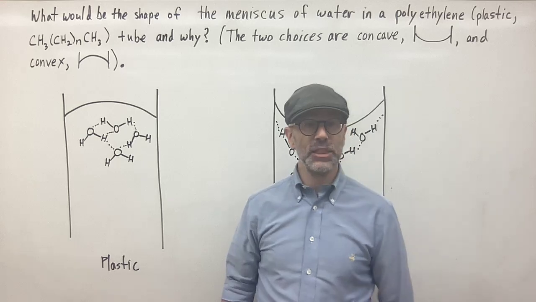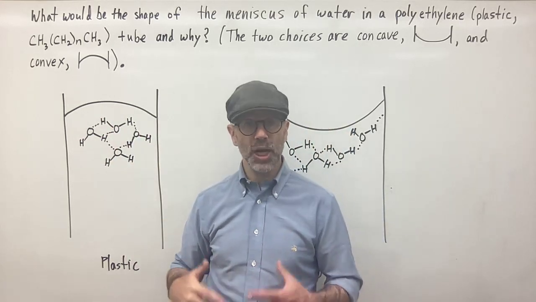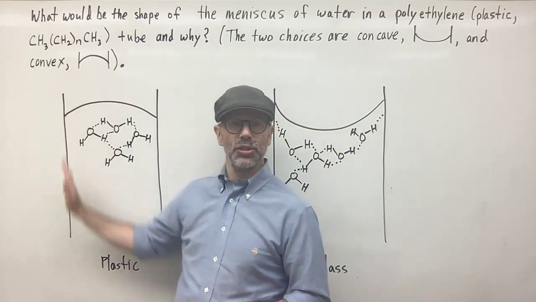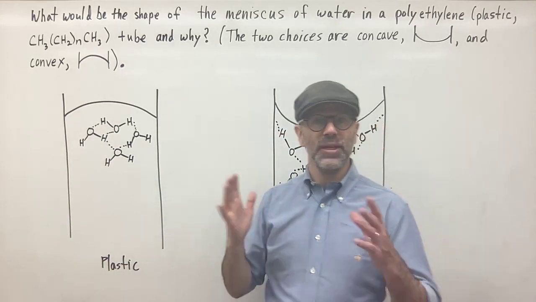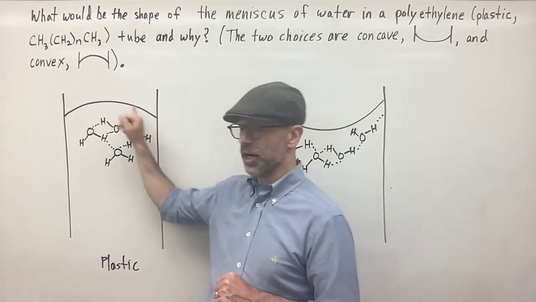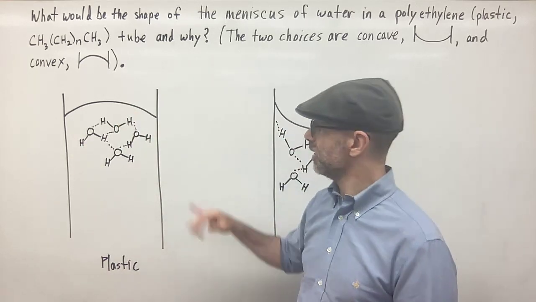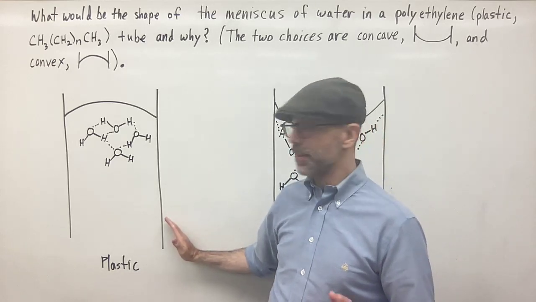And the reason for that is because the water molecules are more attracted to each other than they are to the plastic tubing, right? And that has to do with the fact that the type of bonding that we have here, hydrogen bonding, is much stronger than the attractive forces in the plastic.